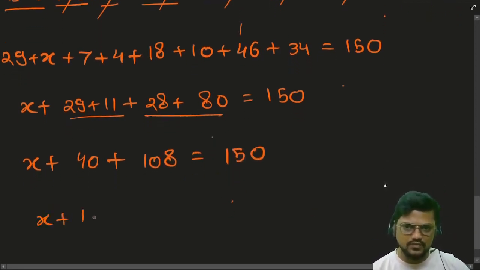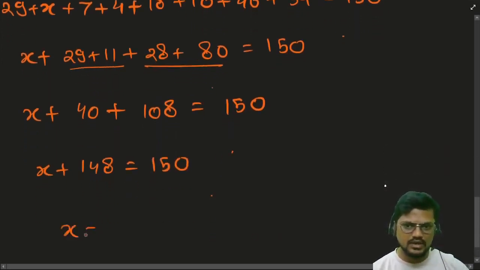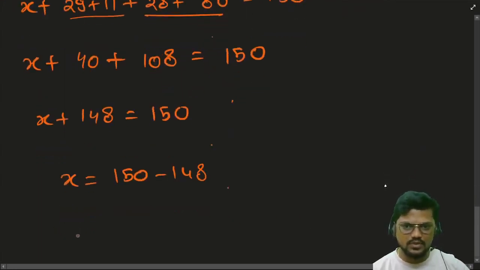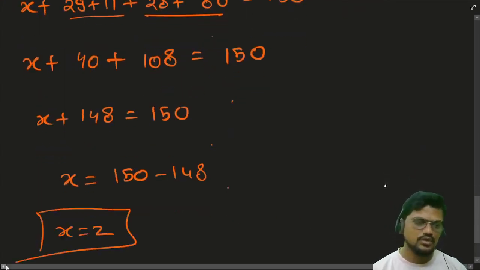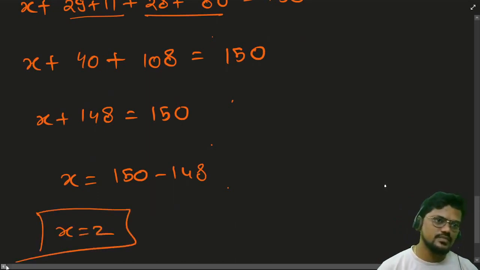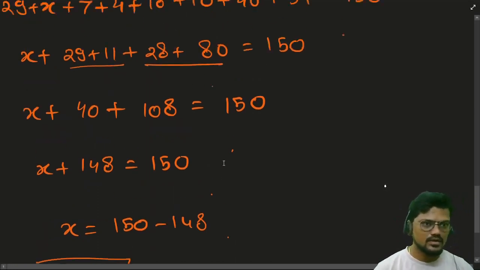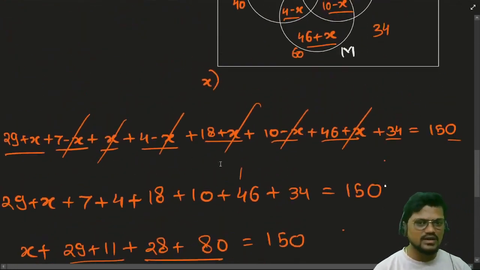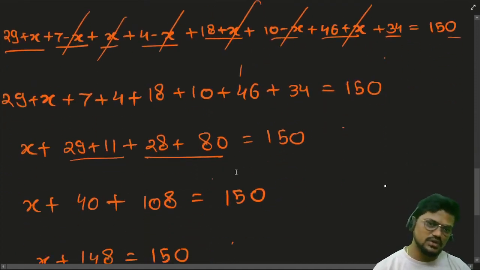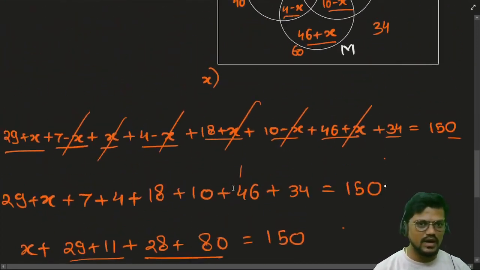So x plus 148 should be equal to 150. X will equal 150 minus 148, and x will be equal to 2. Got it? Yes, sir. Understood, no? See, both are quite complex. This method will also have some working.